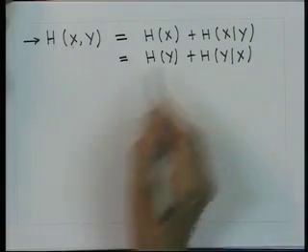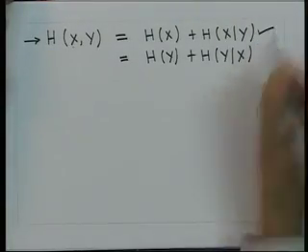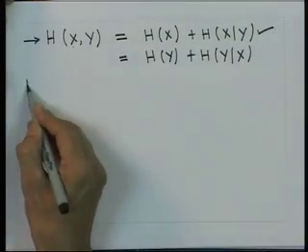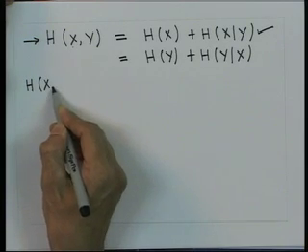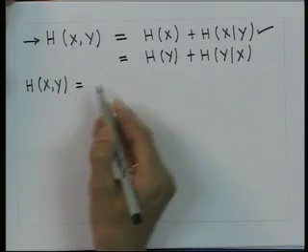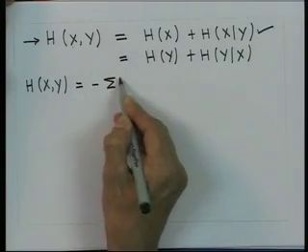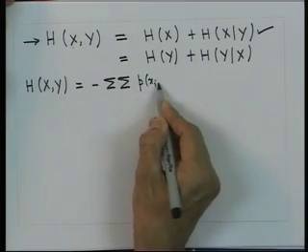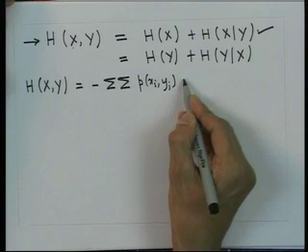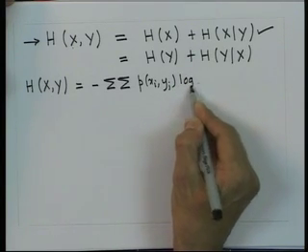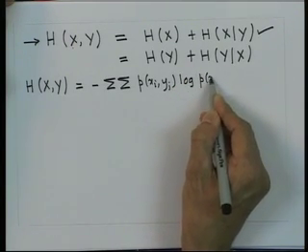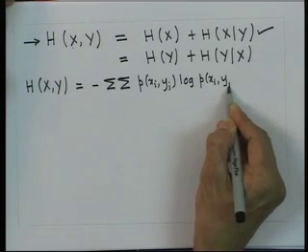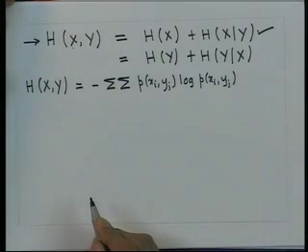So, let us try to prove this relationship. Let us try to prove the first relationship. Let us look at the definition of h of x y, which we started in the morning. So, this is nothing but the double summation of probability of xi yj log of p of xi yj.